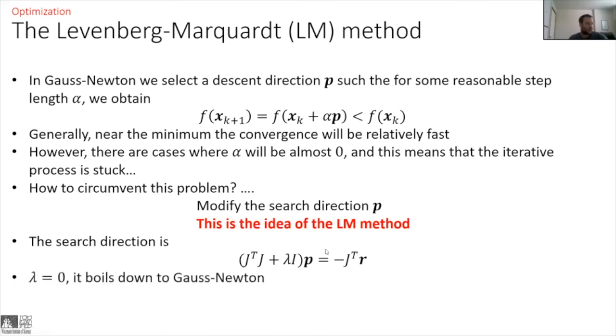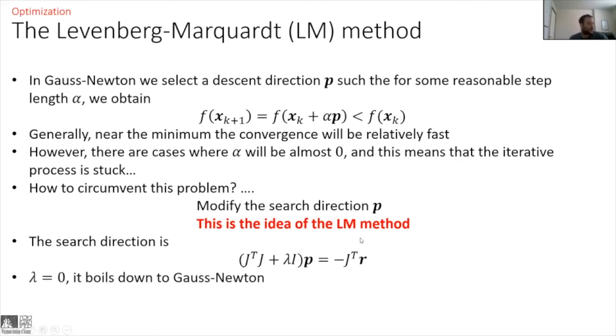We add what you can think of as a regularization parameter to the J transpose J. Instead of just taking J transpose J, we add some scale lambda multiplied by the identity matrix, and this is our definition of the new direction. This is the Levenberg-Marquardt.